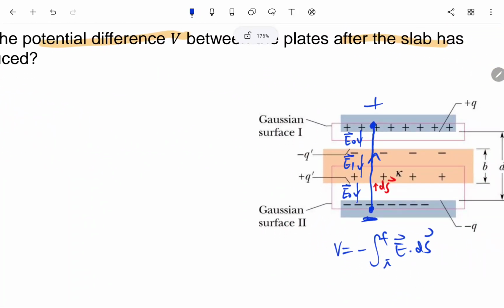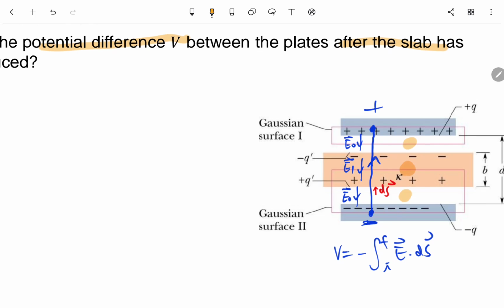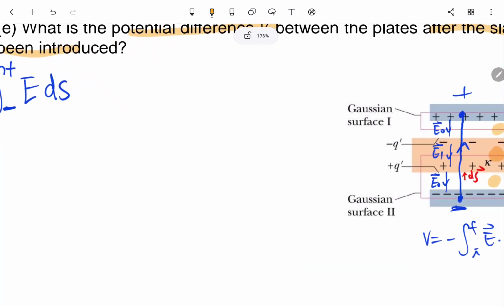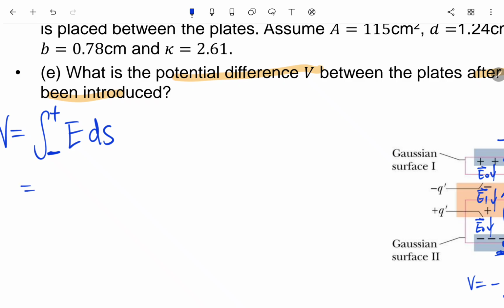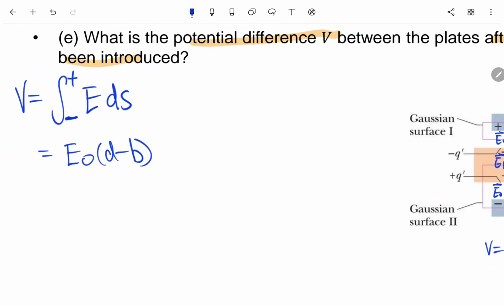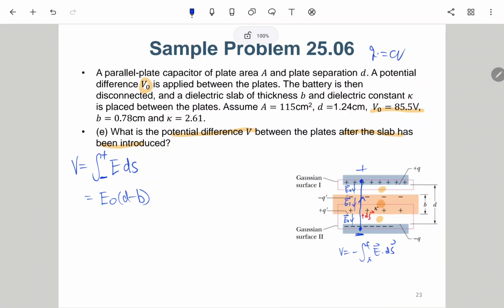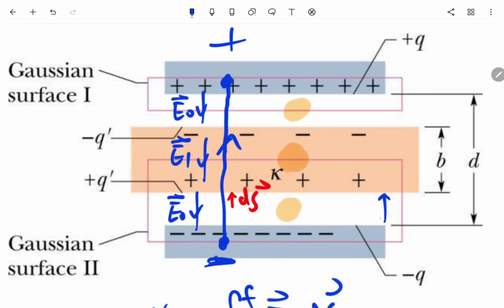Here, because the E field is piecewise constant, meaning this part is constant, and this part has the same constant, and this part is another constant, the integral becomes multiplication and addition, which we split up. For example, in the white region, the air part or the vacuum part, we have the potential difference to be E0 times D minus B. We actually don't know how high this one is and how high this one is, but it doesn't really matter.